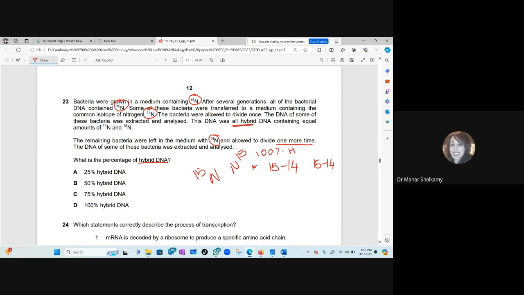Yes. Okay. And then we will make them replicate again. Again, they are surrounded by only the light nitrogen. So this 15 will bond with the 14. This 14 will bond with the 14. This 15 will bond with the 14. And this 14 will bond with the 14. So I have 2 that are hybrid and 2 that are light.